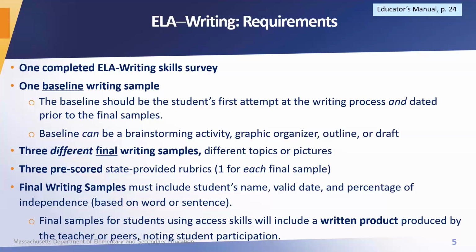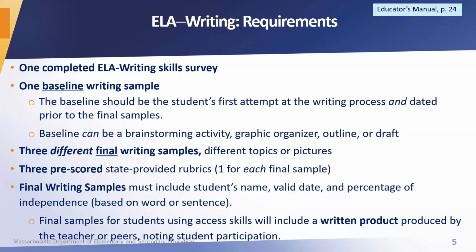And there'll be 3 different writing samples. They'll be on different topics or different pictures. They won't be the same thing rewritten 3 times, 3 different final writing samples. So you have from now until the end of February, beginning of March, to get those 3 final samples.